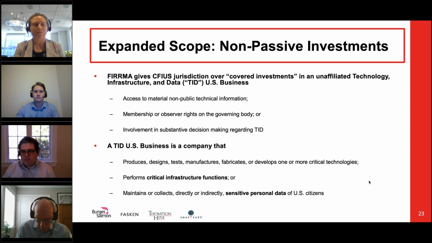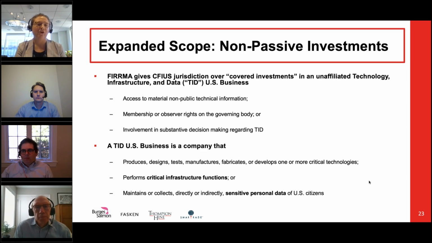But the expansion of CFIUS covers certain rights that an investor has in a TID U.S. business. Those rights are access to material non-public technical information, membership or observer rights on the board, and any other involvement in substantive decision making regarding the TID. It's very common for strategic investors to ask for a board seat or an observer seat, and we've seen some trends where that changes because of this rule.